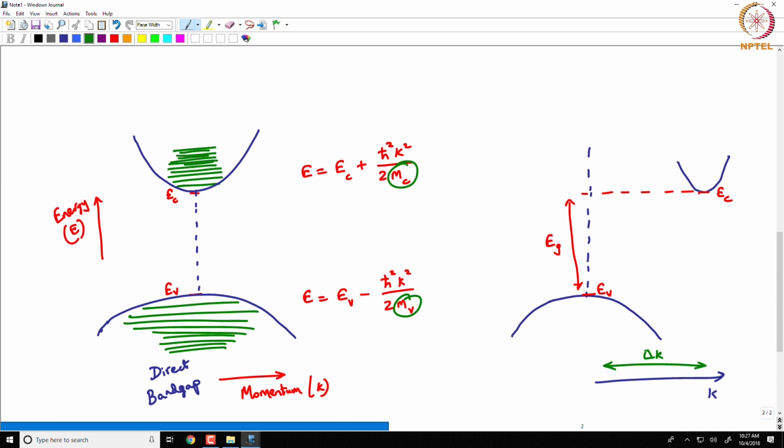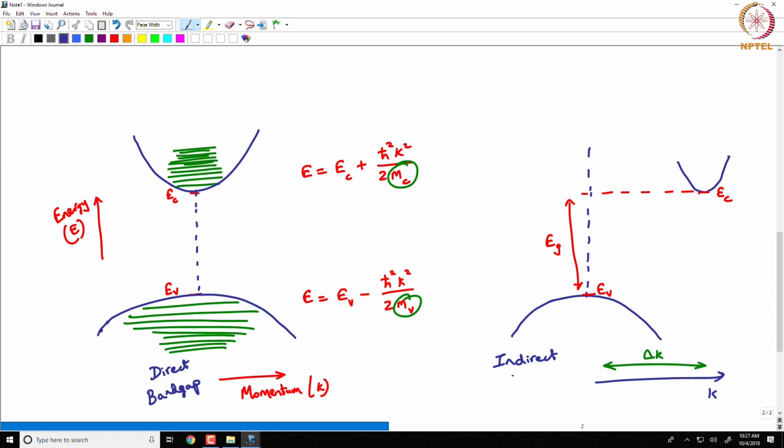So, it has to involve some other quantity which satisfies that momentum gap as well. So these transitions are a little more involved or a little more complex, okay.